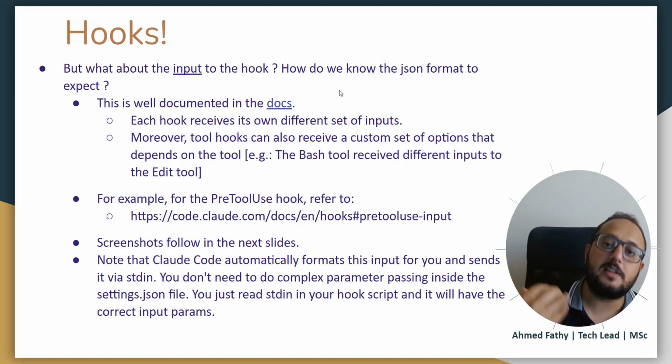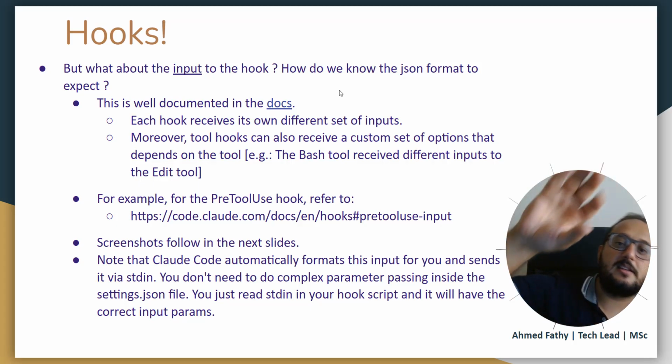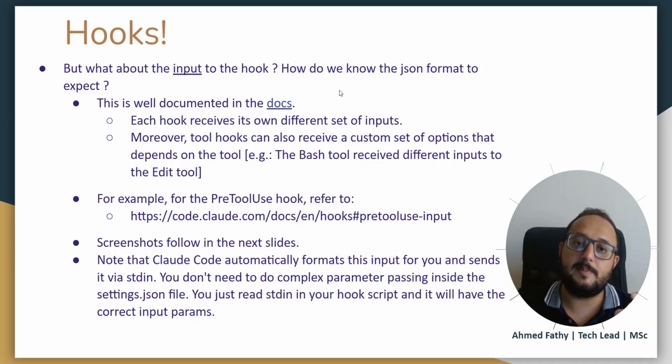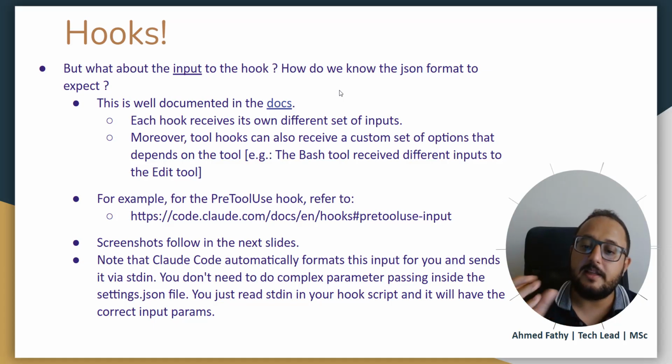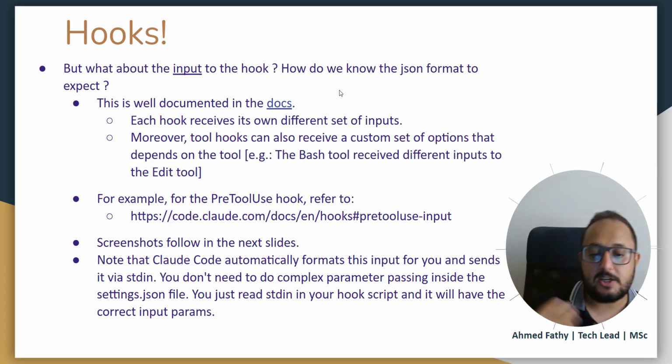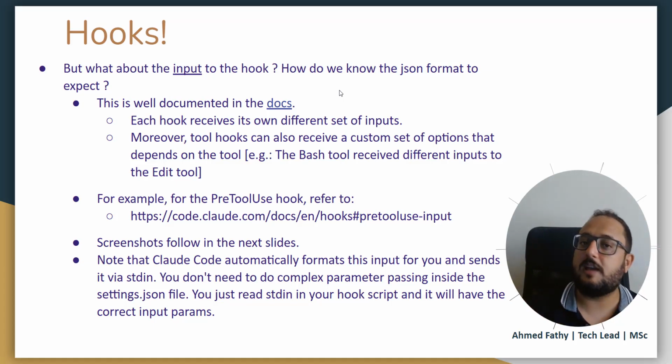So the documentation will tell you, for this event, those are the inputs you would expect, and for this other hook, those are the inputs you would expect, and so on. Moreover, tool hooks can receive a different set of inputs that depends on the actual tool. For example, the bash tool could receive different inputs to the edit tool, and this makes sense, right? Again, we will see some screenshots, but you can see the documentation here.